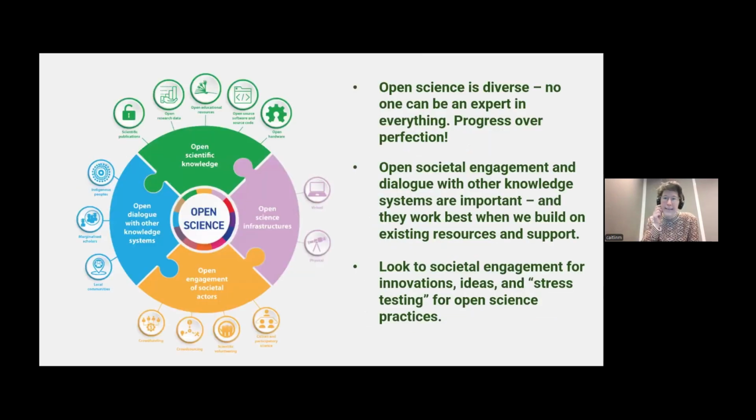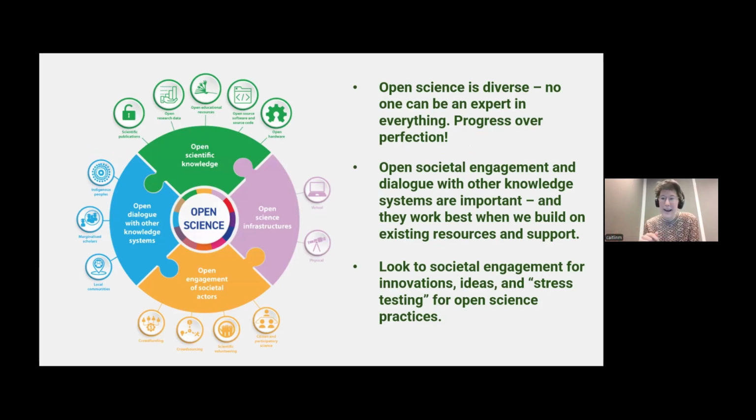And then, yeah, I think these are my three main takeaways from reflecting on this question, which was a very interesting one. So thank you, Agatha, for posing it. I think my first thing was that open science is very diverse all around the circle. Nobody's an expert in all of these things. So I think progress over perfection. I've spent a lot of time thinking about these societally engaged elements, but I will happily admit that I'm less strong at some other elements, like open source stuff.